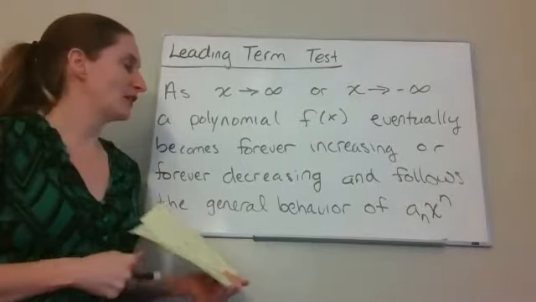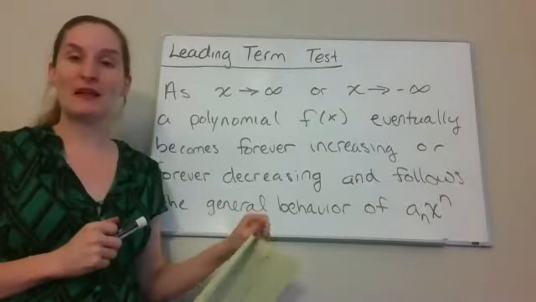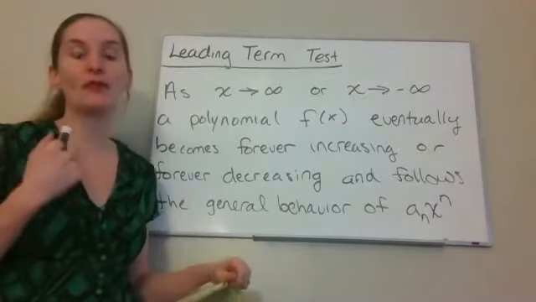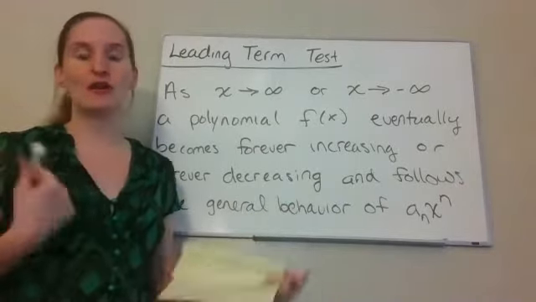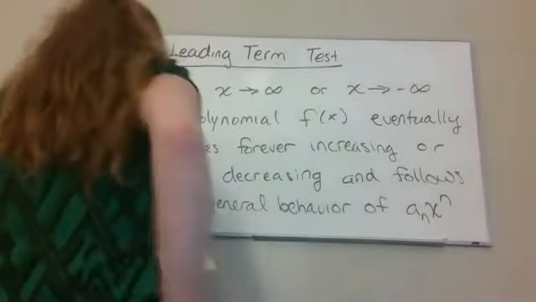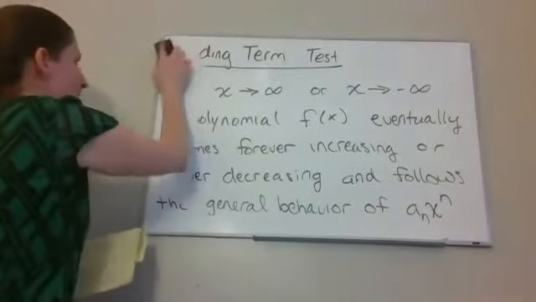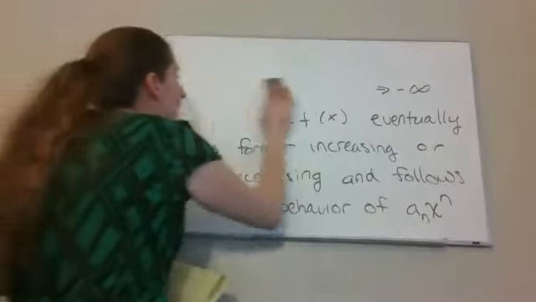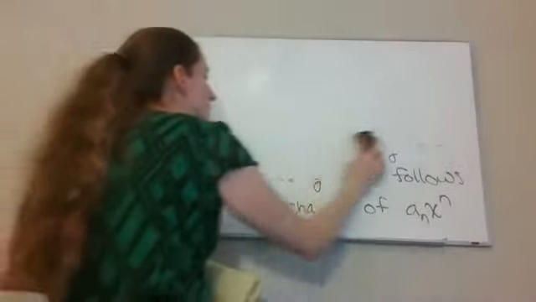So you only have to see what happens to that first term, and that will tell you if the graph is going up forever or down forever when you go out to the sides. Let's do an example where we figure out the end behavior of the graph.